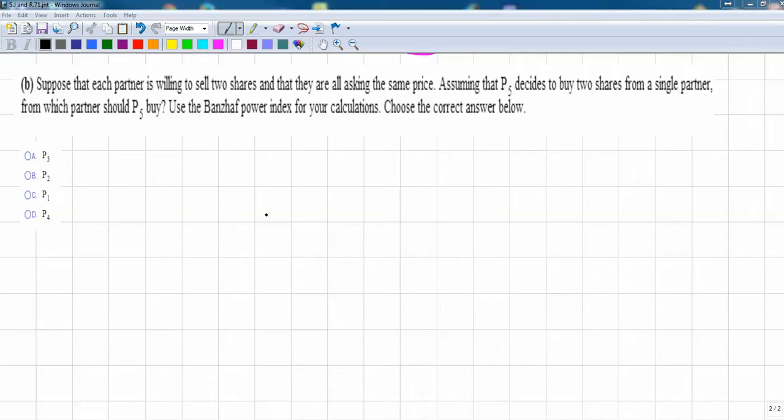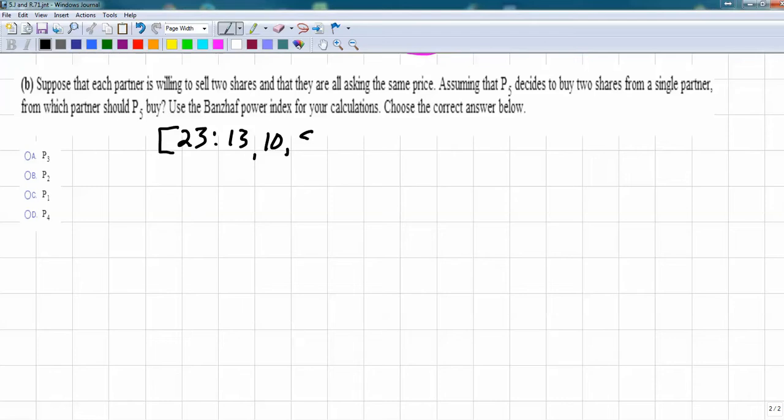Now remember, we still are going to have the same assumption for the initial system. And that's going to be with a quota of 23. And P sub 1 has 13. P sub 2 has 10. P sub 3 has 8. P sub 4 has 5. And P sub 5 has 2.